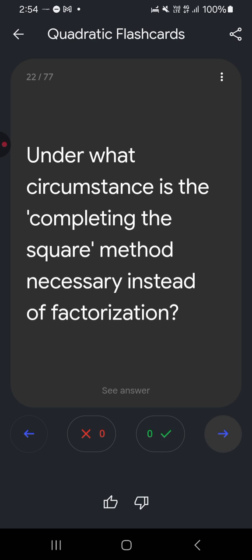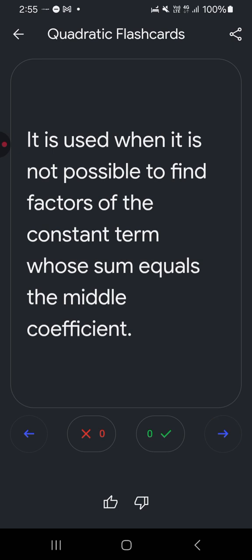Under what circumstance is the completing the square method necessary instead of factorization? It is used when it is not possible to find factors of the constant term whose sum equals the middle coefficient.